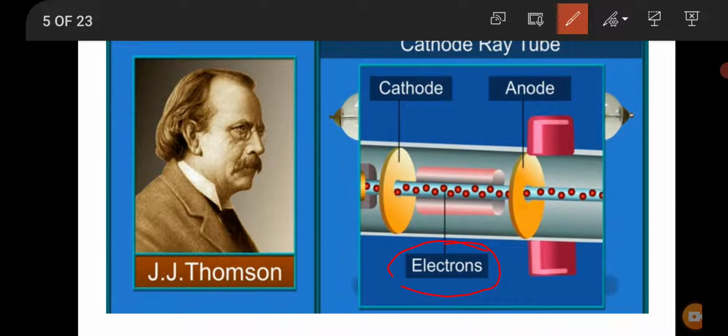The mass of electrons was found to be negligible, and they carry a unit negative charge. Means the charge on proton and electron are equal, but they have opposite sign, while the mass of proton is around 2000 times the mass of electron. So electrons have a negligible mass and a charge of -1 unit.